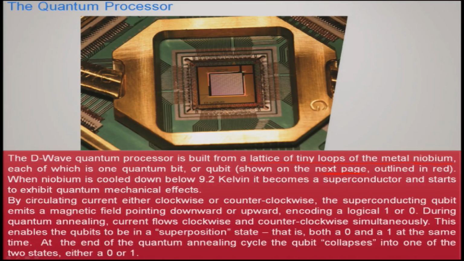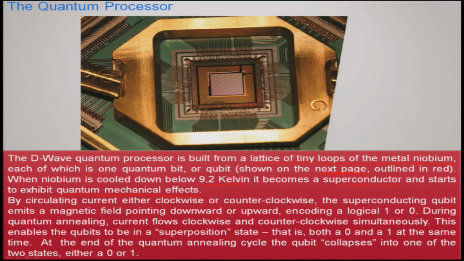When the niobium is cooled down below 9.2 Kelvin, it becomes a superconductor and starts to exhibit quantum mechanical effects. So, that is the principle which is used behind this quantum computing device of the DWave.